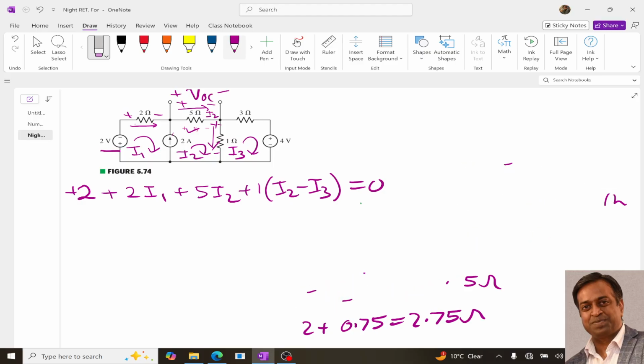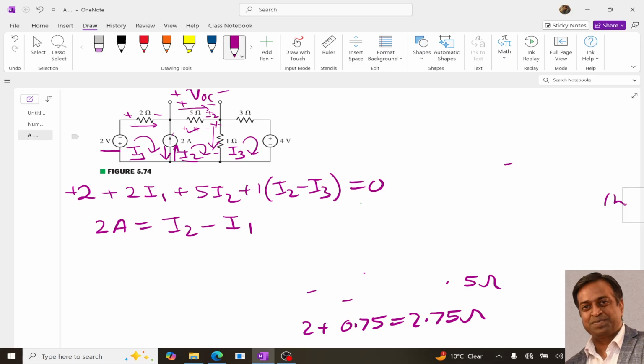Now the second equation will be formed by considering this 2 ampere current source. In terms of I1 and I2, the current will be I2 minus I1. So I2 minus I1 will be equal to 2 ampere, because in this particular branch in which we have 2 ampere, I2 is going up and I1 is coming down, so overall it will be I2 minus I1.